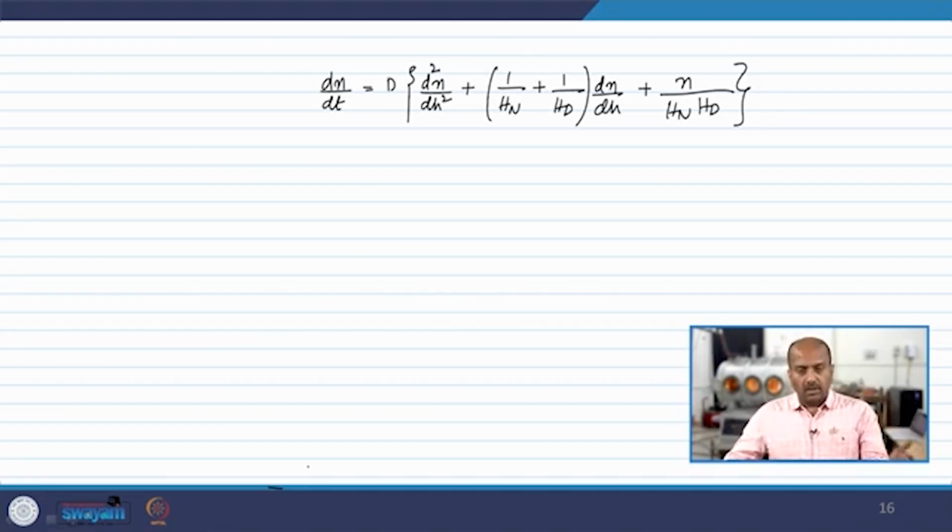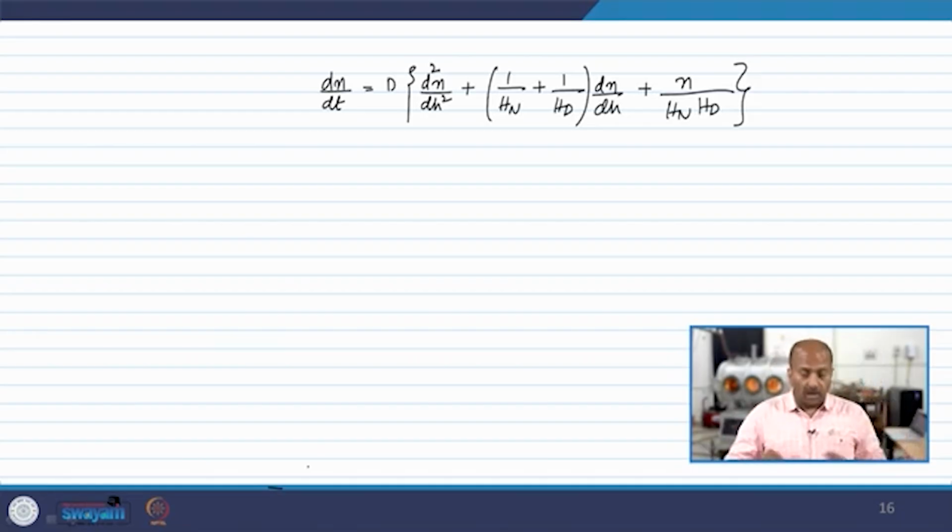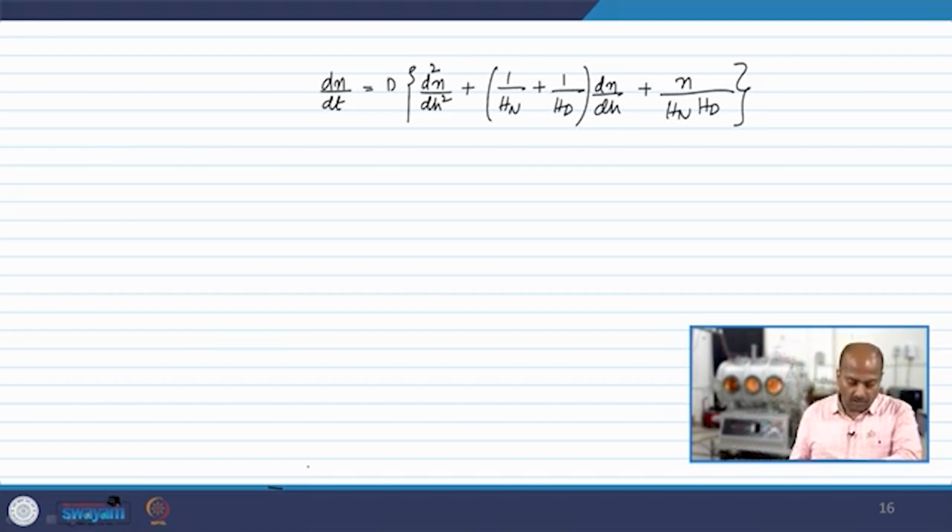So, from this discussion we can realize one simple thing: we can only obtain one distribution, either with respect to time or with respect to space, at a given instance. So, let us see how the concentration of minor species will change with respect to time. Let us assume a particular height.